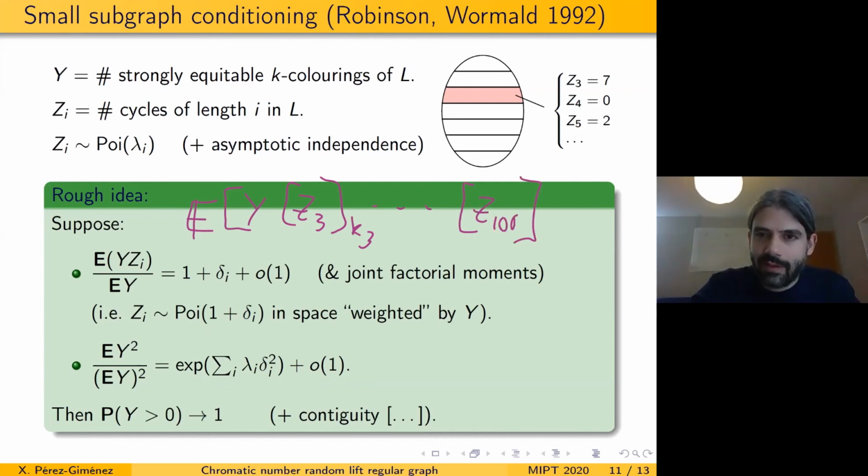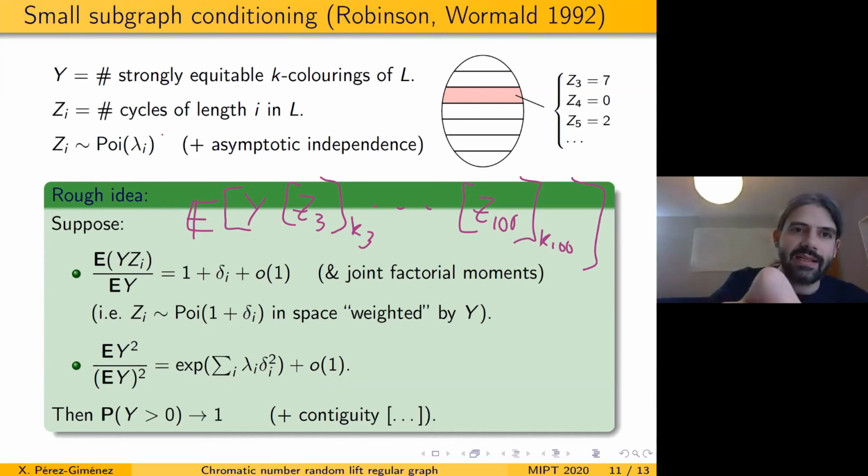These are joint falling factorial moments weighted by the number of colorings. So you compute these strange moments and basically show that in a probability space weighted by the number of colorings, the cycle counts are Poisson.